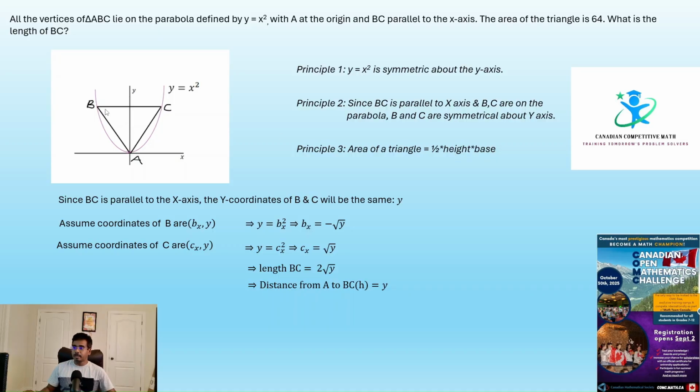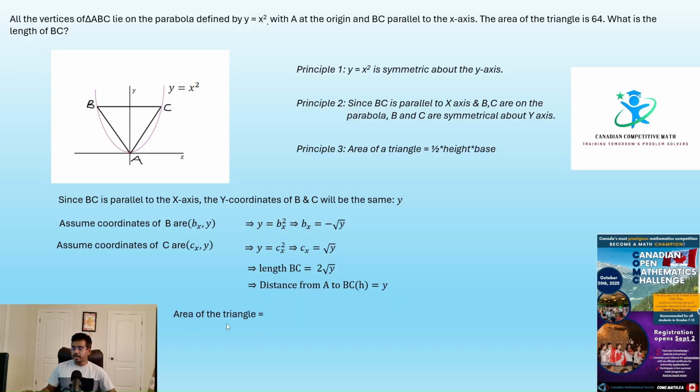We already know that BC is parallel to the x-axis, so the y coordinate of B or C will be equal to the height of the triangle. We already assumed the y coordinate of B and C as y. So the distance from A to BC, which is the height, we will know as y.